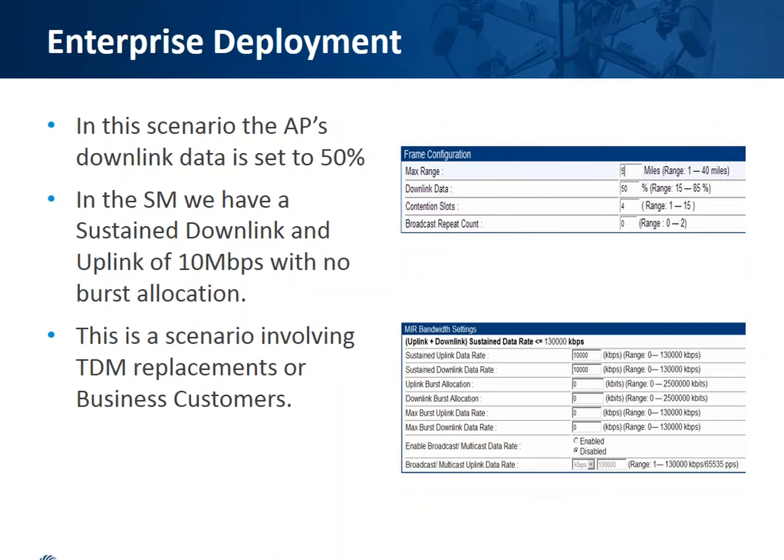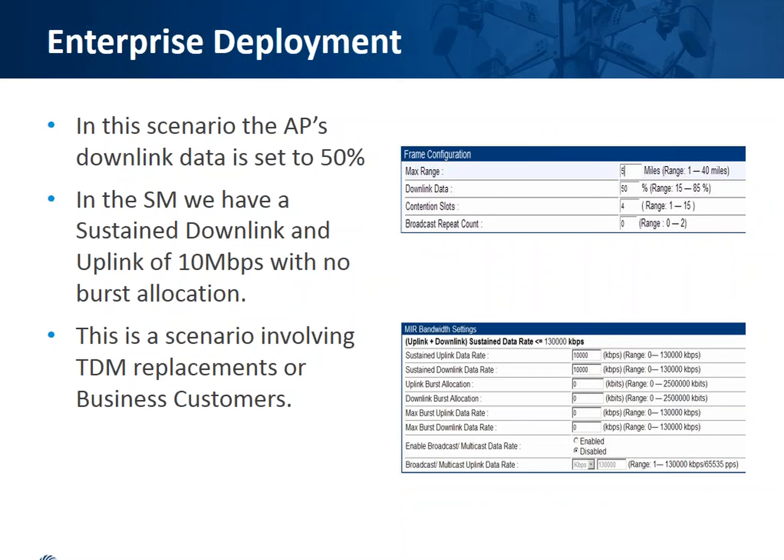So in an enterprise setup, this could be TDM replacements or business-to-business customers or municipalities or anybody where they want a more symmetrical service. This is an example of a setup. So in the access point, for the uplink and downlink, we set 50% for the data.